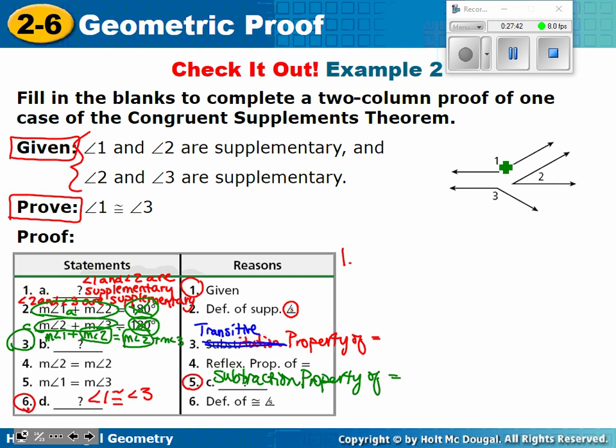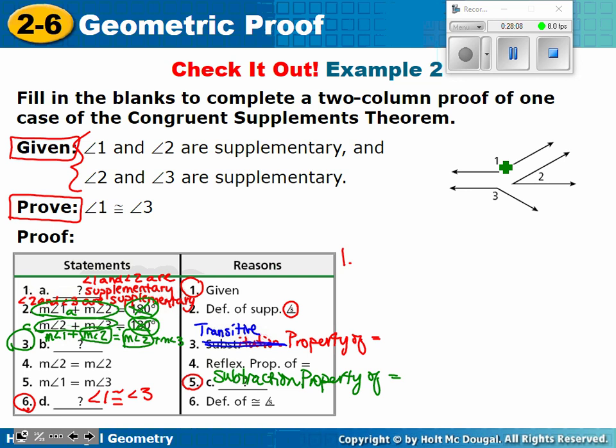So sometimes you're going to have to say things like, AB is congruent to CD, and then your next step is AB equals CD. If they're congruent, what tells me that means they're equal? The definition of congruent. Or you can go the other direction. Maybe they tell you AB is equal to CD, and you need to say AB is congruent to CD.